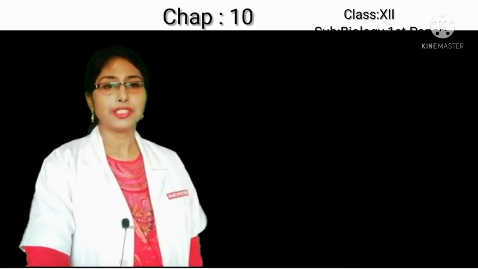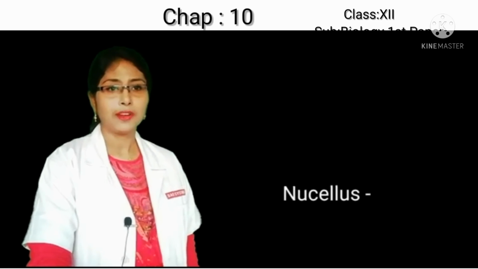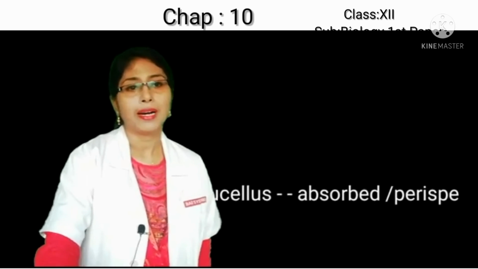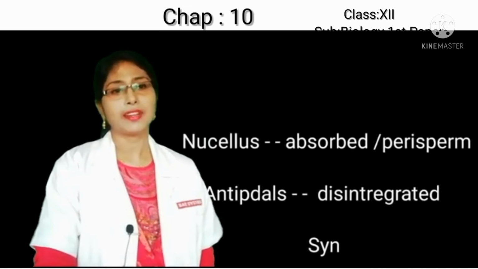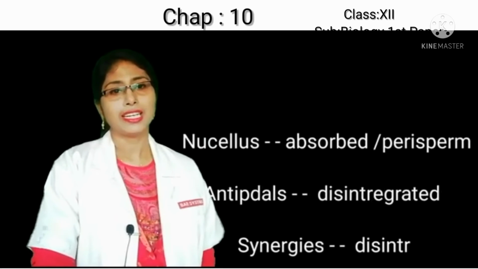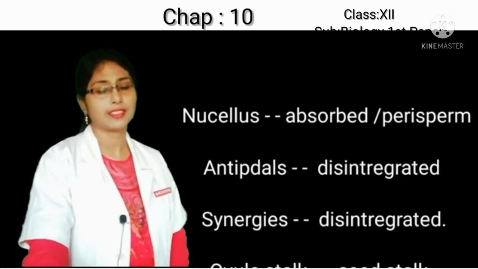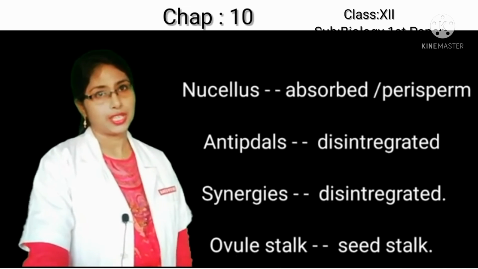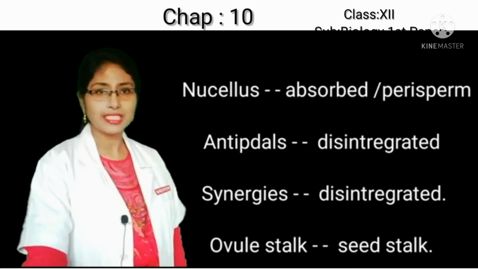In most angiosperms, nucellus tissue of seed is absorbed by embryo, but in some cases this tissue remains as perisperm outside the endosperm. In most plants, the antipodals and synergids disintegrate, and the ovule stalk is transformed into seed stalk.